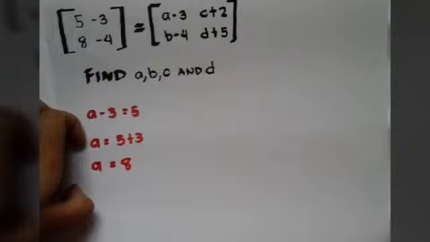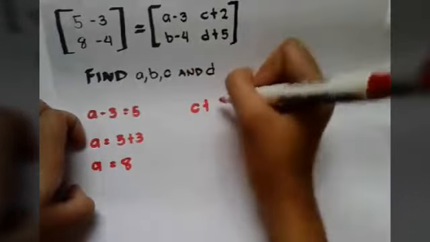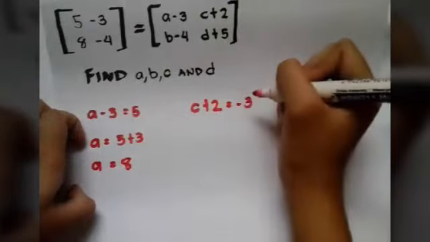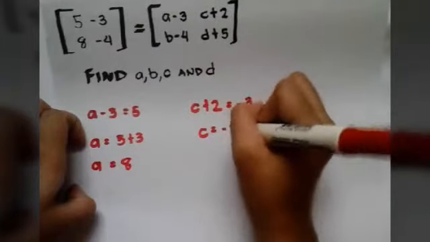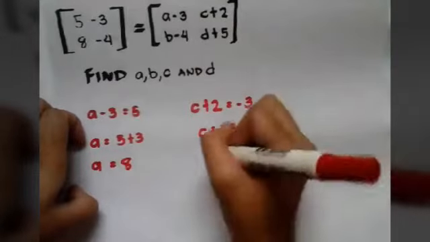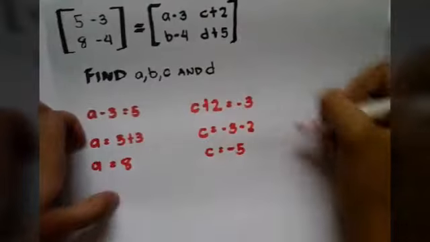And the solution that we did in finding A will also be the process of finding B, C, and D. Then if C plus 2 is equal to negative 3, it will be C is equal to negative 3 minus 2. So, the value of C is equal to negative 5.